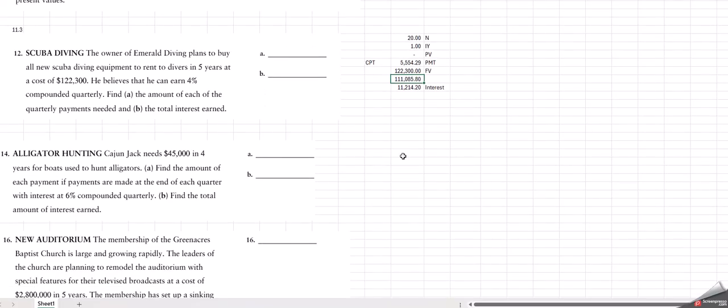Okay. Then we've got Cajun Jack needs $45,000 in 4 years for boats used to hunt alligators. Find the amount of each payment if the payments are made at the end of the quarter with interest of 6% compounded quarterly, and then find the amount of the total interest. So again, the same thing as what we just did.